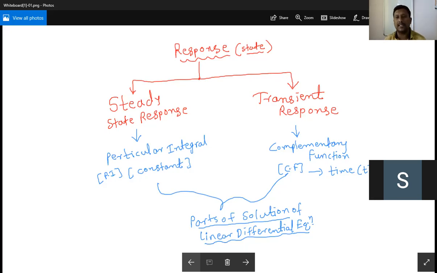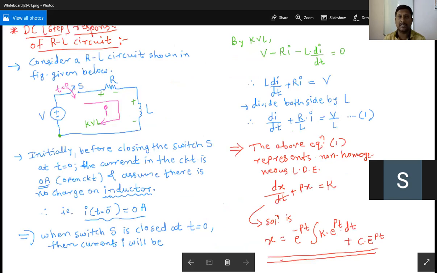When we connect the DC sources, we find the transient and steady state response of the RL, RC and RLC circuits by using linear differential equation as well as Laplace transform. After this, we started the DC response or step voltage response of RL circuit.